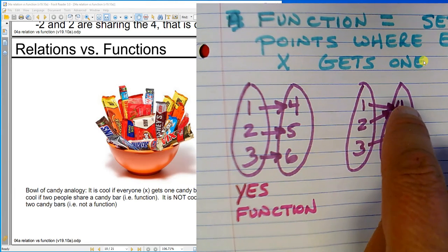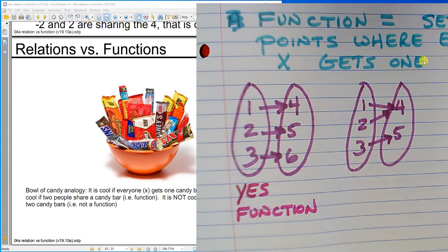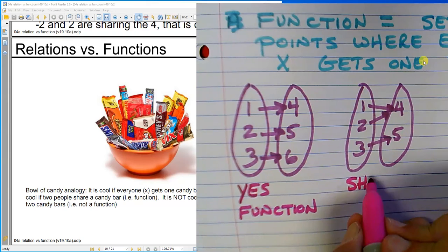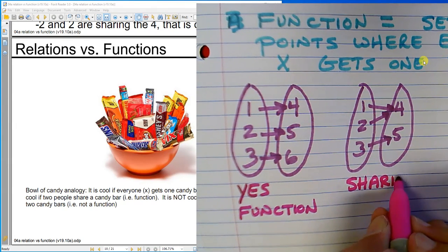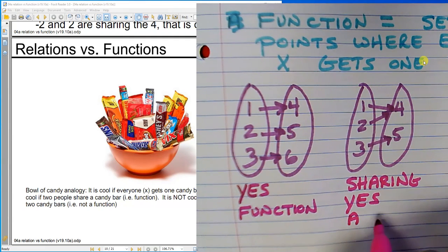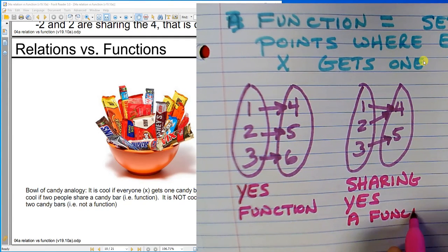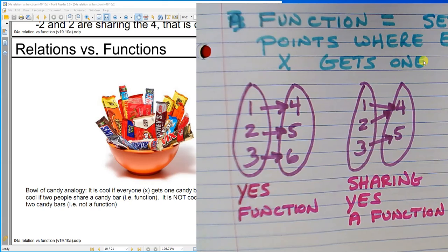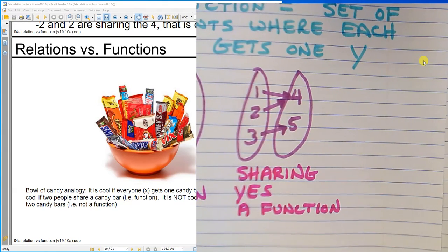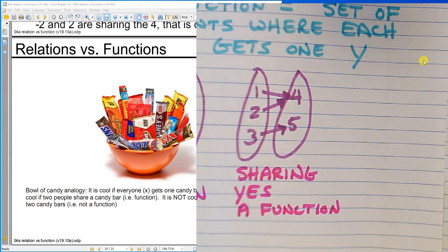Oh, 1 and 2 are sharing the M&Ms. Yeah, that's okay. Nothing wrong with that. This is sharing. Sharing, yes, a function. You know what's about to happen. I'm going to give you the not a function.